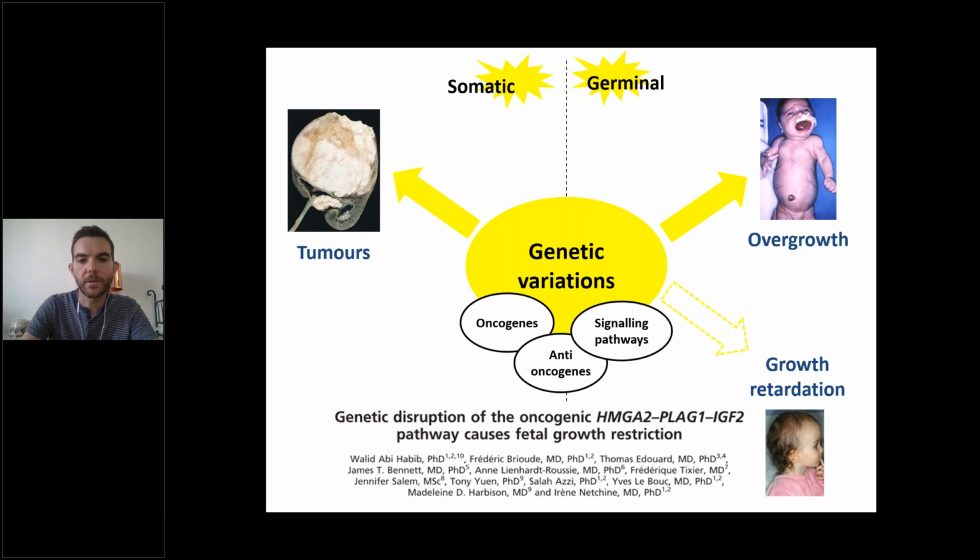For example, a few years ago, we identified variations in a specific oncogenic pathway, HMGA2-PLAG1-IGF2, in patients with Silver-Russell syndrome, meaning that the same processes that occur in tumors can occur as germline events in overgrowth or growth retardation.